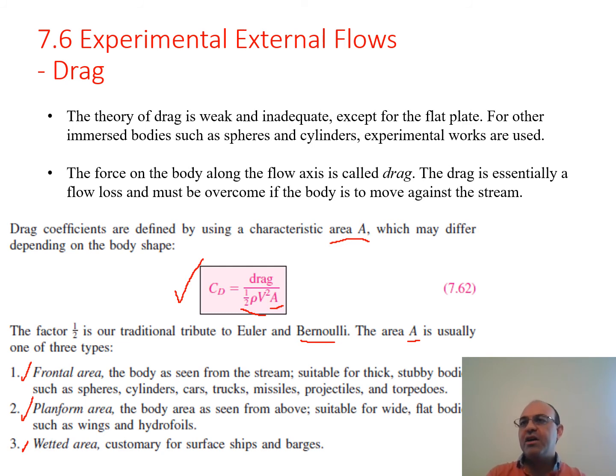For instance, if you consider aircraft wings or hydrofoils, it's more meaningful to express these drag forces in terms of the planform area. And then we do have the wetted area, which is customary for surfaces such as ships and barges, where just a part of the object is exposed to the flow stream.